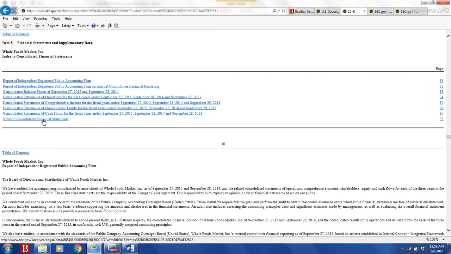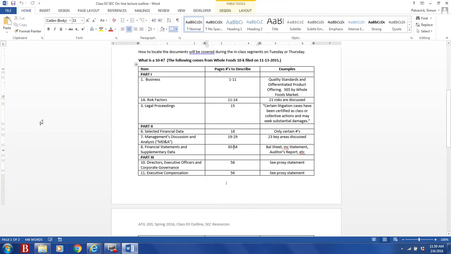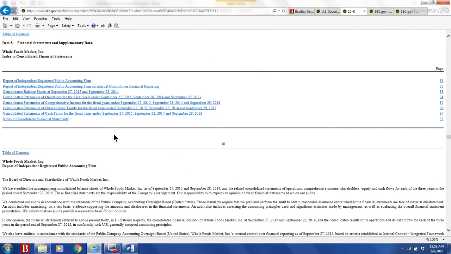And down here are the notes to financial statements, which are really quite lengthy. So while this is taking 24 pages, probably almost 20 pages are the notes, and these items are much shorter.